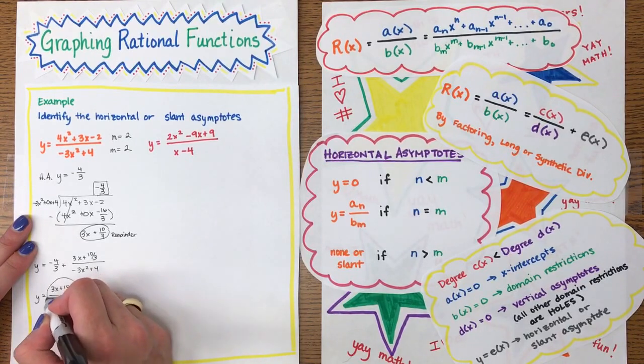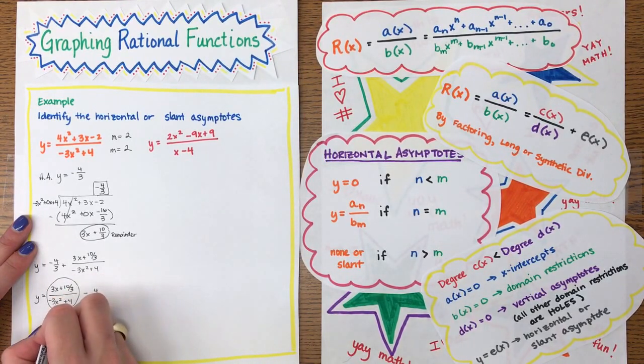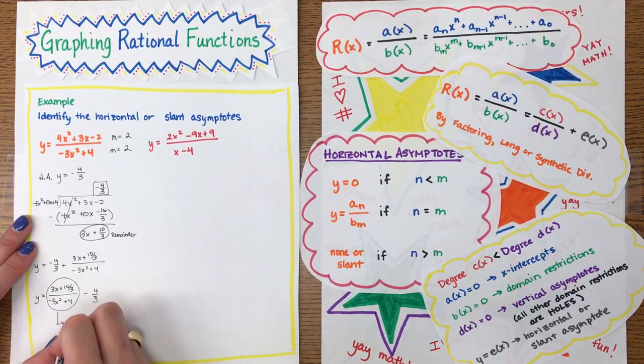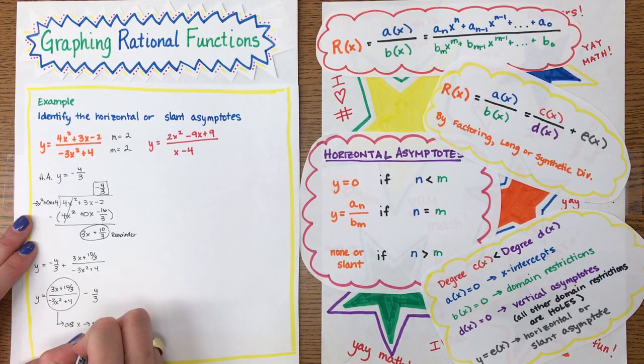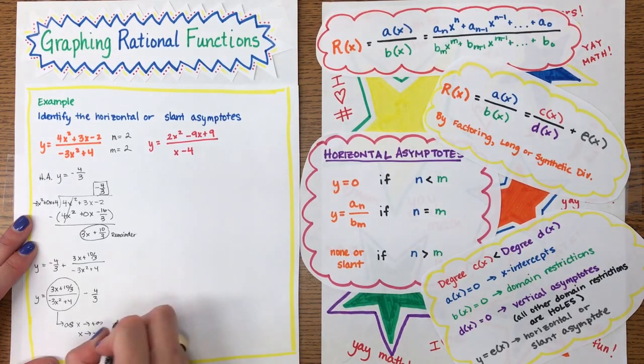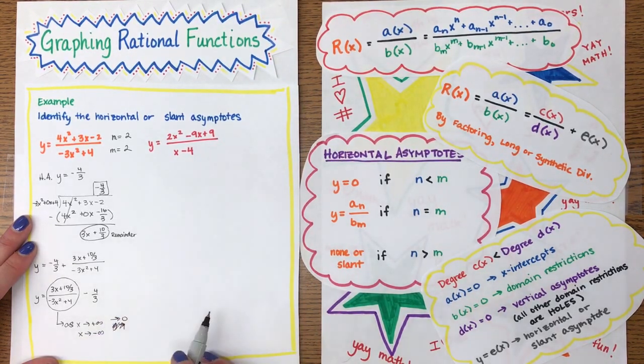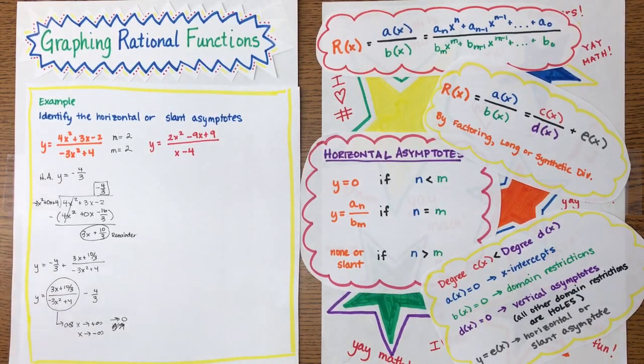This piece here, as x approaches positive infinity or as x approaches negative infinity, this quantity is going to approach 0, because the denominator is going to get bigger so much faster than the numerator.